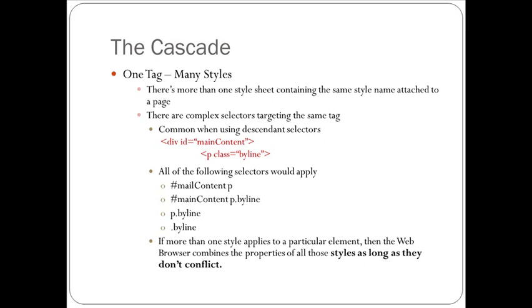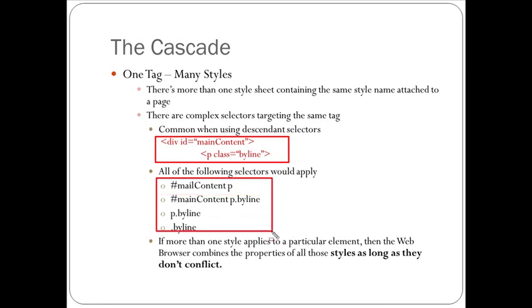It's common when you start using descendant selectors, which you did in homework 12 as well. So if you look at this little snippet of code here, we have a divider that has an ID of main content, and inside of that divider we have a paragraph element that has a class of byline. Well, given that, all of these would apply to it.